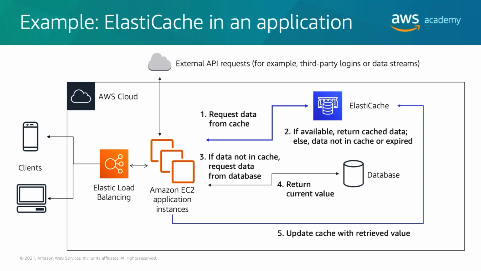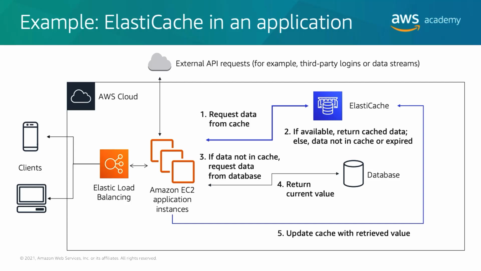In this example architecture, Elastic Load Balancing distributes application traffic across multiple EC2 application instances, which are making external API requests. Numerous database reading requests for the same data increases the response time, so you can add ElastiCache to improve response times and alleviate database pressure. The application reads from the cache.